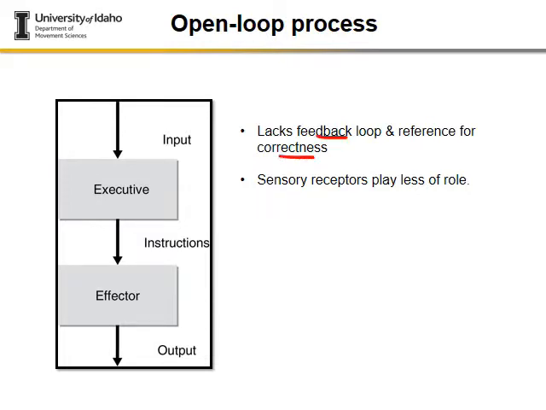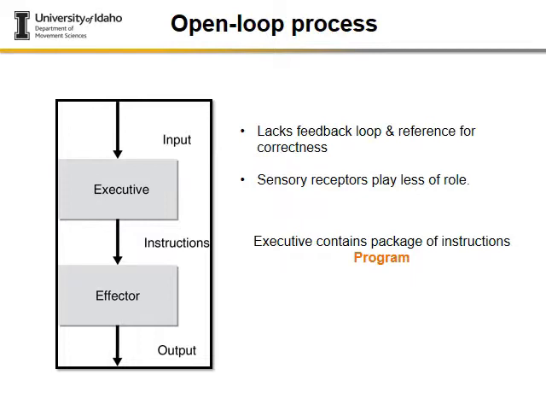So we're lacking those two components, the feedback loop and the reference of correctness. Therefore, the sensory receptors, proprioception, as well as vision, hearing, and everything that takes in those components of the environment and your body and the movement, are removed, and you just complete the task.